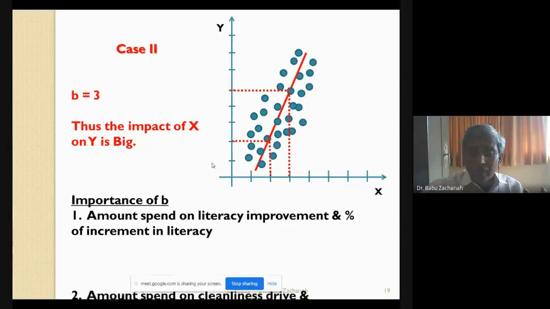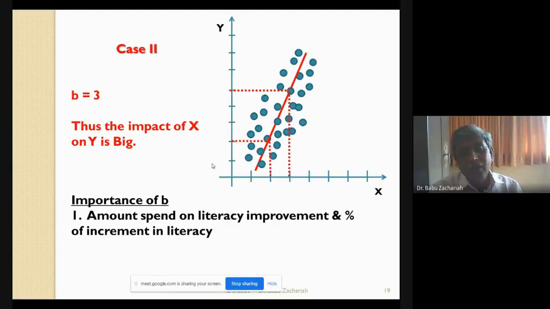So again, the importance of B. Say for example, one application I can say, amount spent on literacy improvement and percentage of increment in the literacy. So after spending 1 crore rupees, how much percentage has improved in literacy rate? That's a question. If the amount is big, then it is worth. If the amount is small, that is not worth.